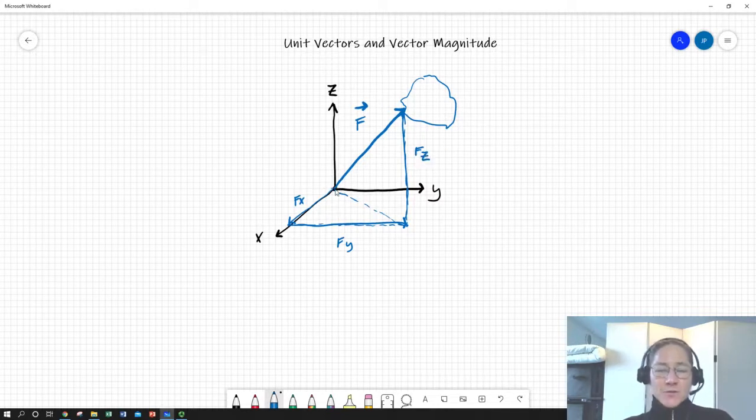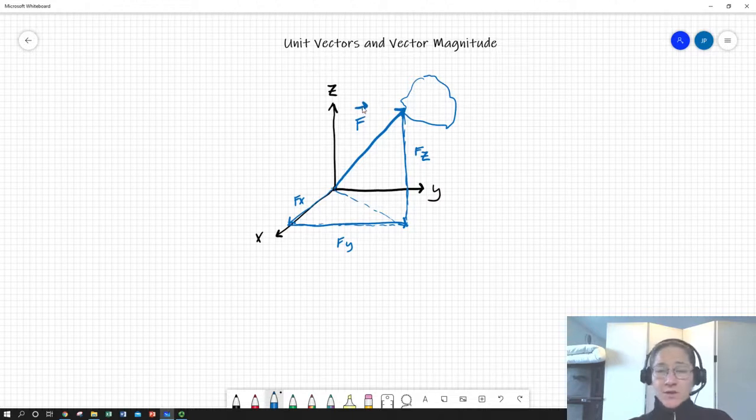Now if you remember your tip to tail vector addition, it's not hard to see that if we were to somehow designate each of these three component vectors with something that denotes their direction, they would add up to the full vector F. So one definition of vector components is that all the components add up to the original vector.